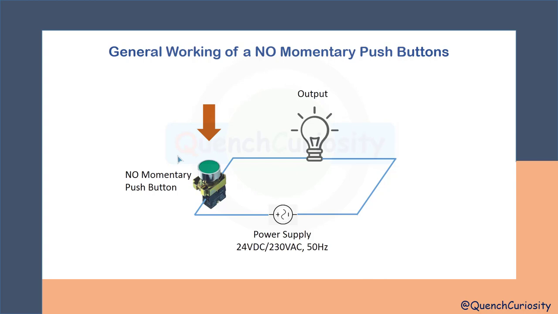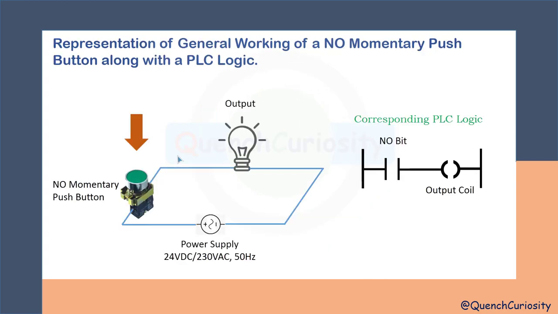Now this is the general working of a NO momentary push button. Now let's jump to the next slide. Here the operation of the NO momentary push button is represented with the help of corresponding PLC logic. Now remember, this may alter while we are trying to program. However, the idea remains the same. As observed previously, we can see the corresponding operation happening inside a PLC with simple ladder diagram logic.